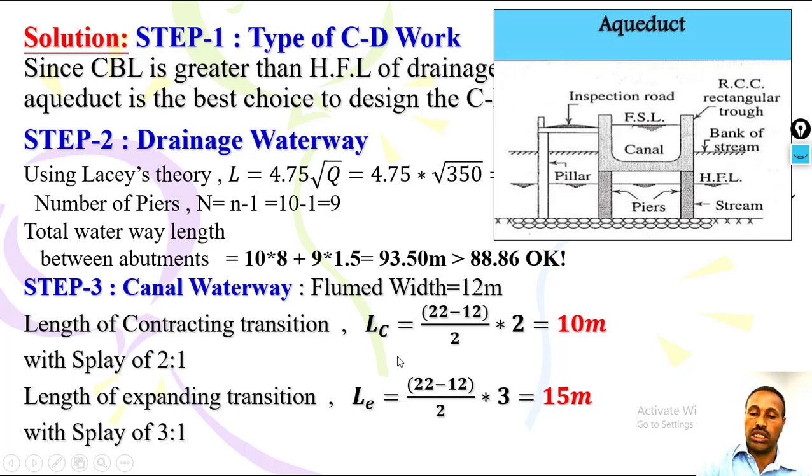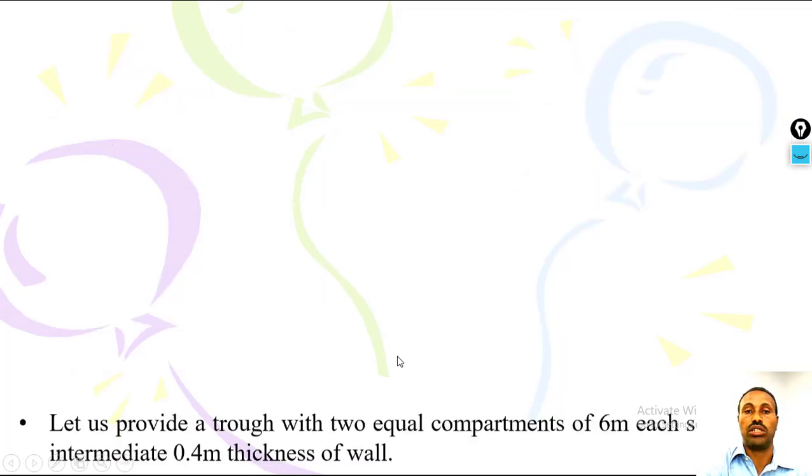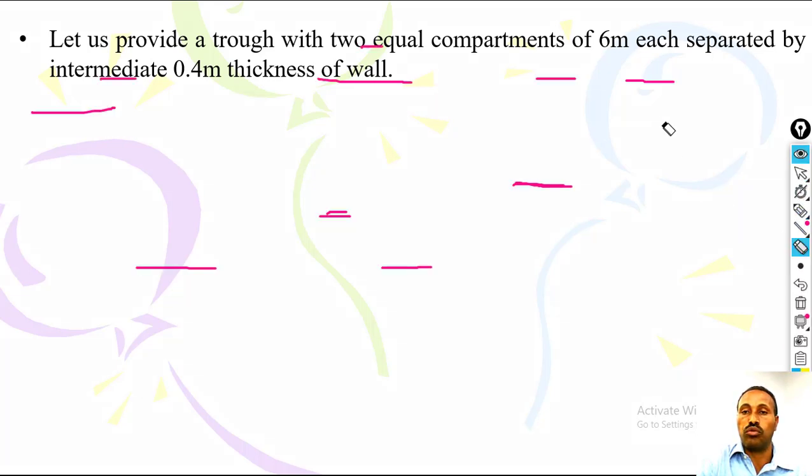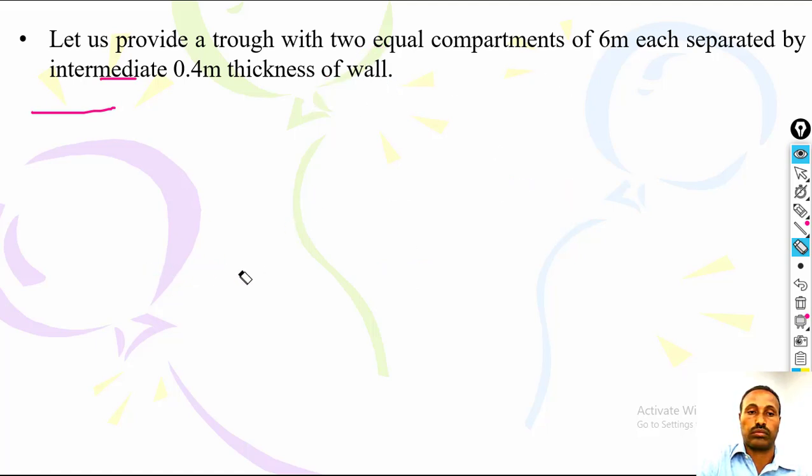You can construct. Okay. So the next step will be, let's provide a trough with 2 equal compartments of 6 meters each, separated by an interior wall of 0.4 meter thickness. So you may have a wall. So since you have 2 compartments like this is the canal, and the drainage is just below.